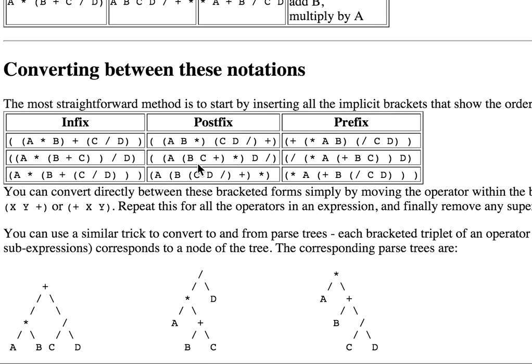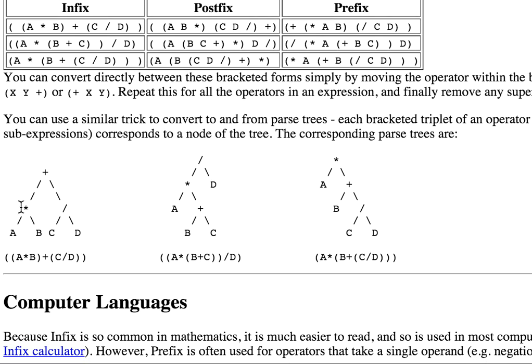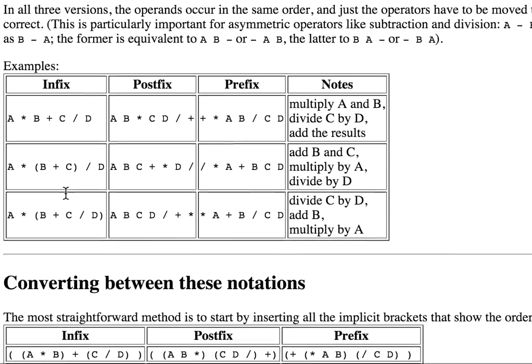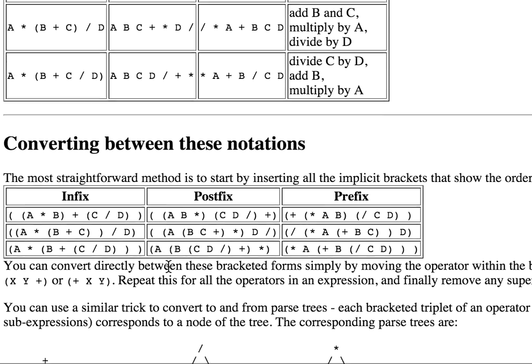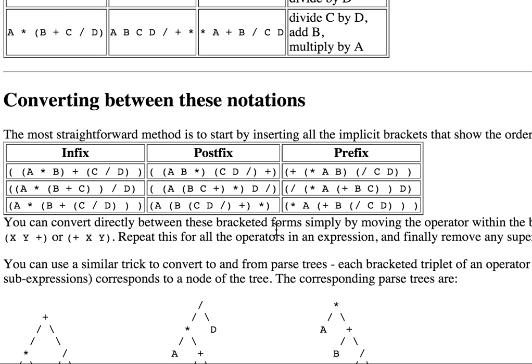To convert from infix to postfix or postfix to prefix, you don't have to do this. The easier way is, first of all, put the implicit parentheses in. You can convert between these notations simply by moving the operator.